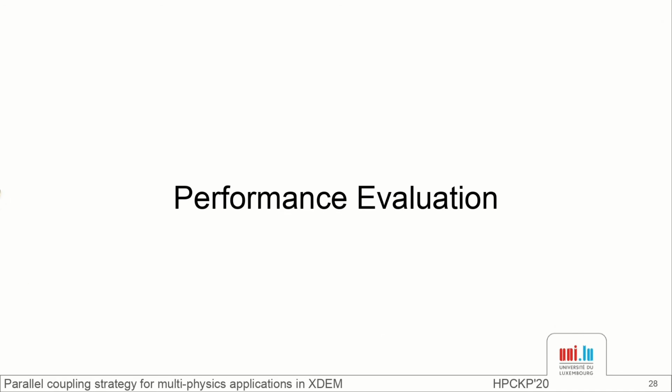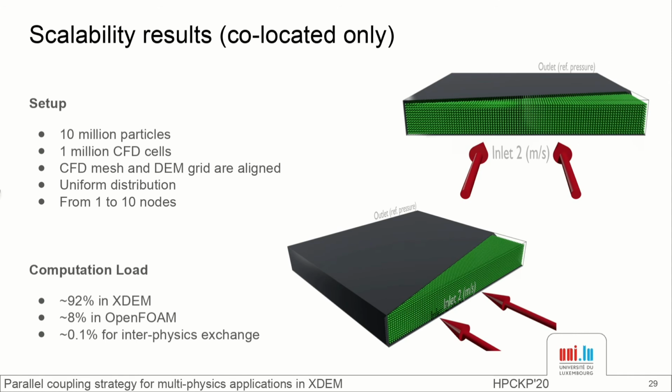Now let's focus on the performance evaluation. First, we're going to do some scalability results on the collocated approach only. So we build an artificial benchmark which corresponds to this box made of 10 million particles and 1 million CFD cells, and we make sure that the CFD mesh and the DEM grid are perfectly aligned.